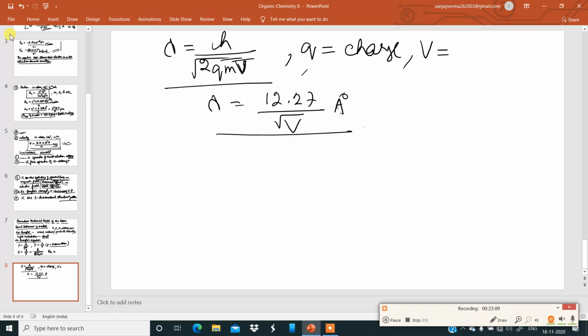Now the next thing you must try to understand is called Heisenberg's uncertainty principle.